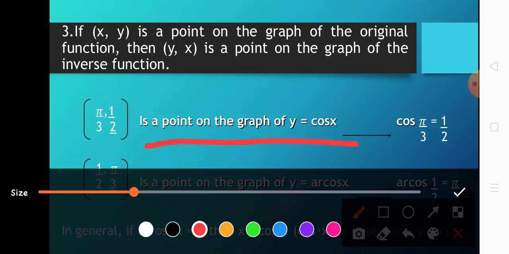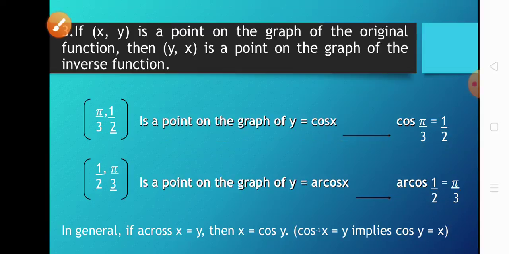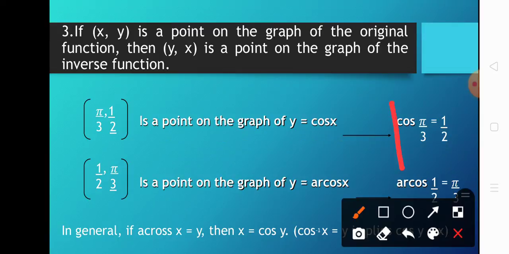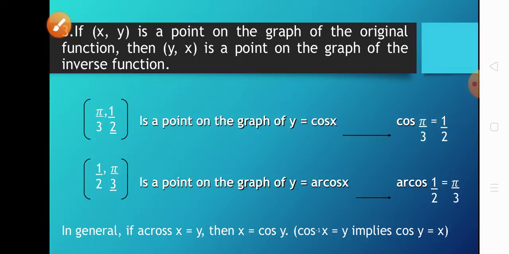So cos of pi over 3 is equal to 1/2. Then (1/2, pi over 3) is a point on the graph of y equals arccos x. arccos of 1/2 is equal to pi over 3.